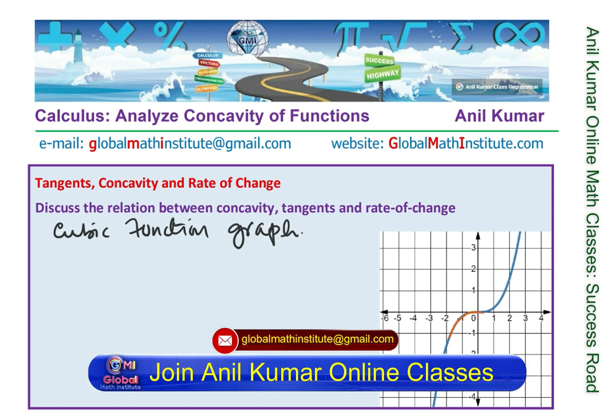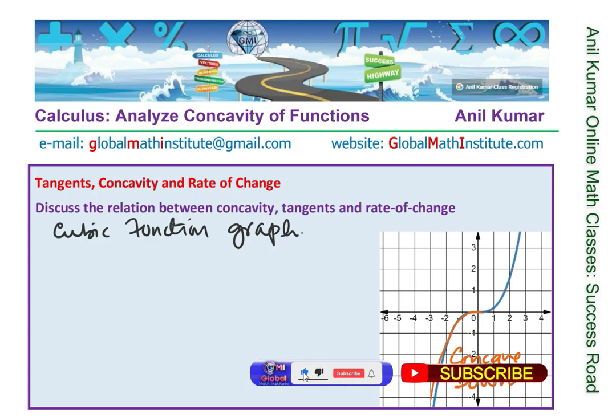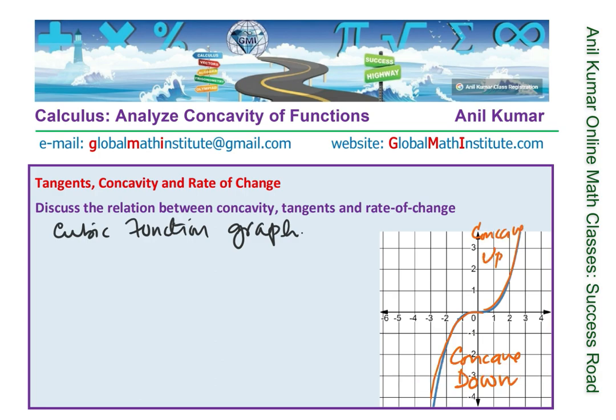So this portion is concave down. And on the right hand side, it is concave up, right? So this portion is concave up. So it's a combination of both, concave down and concave up.